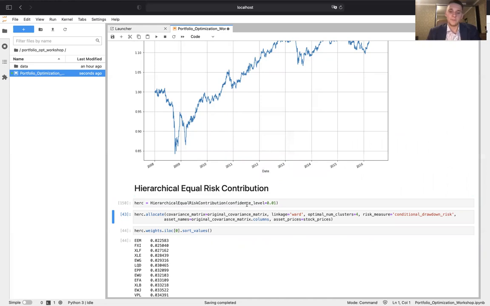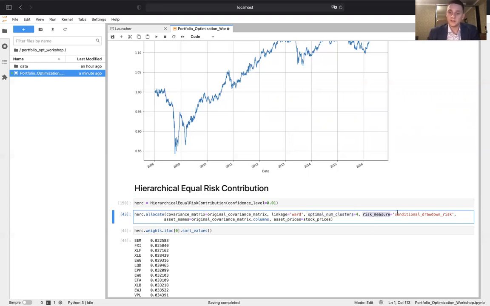So we initialize our Herc class, and the API is pretty much the same as for your hierarchical risk parity algorithm, with a slight difference that you can specify the optimal number of clusters, because a slightly different clustering approach is used here. We have previously discussed that in our portfolio optimization lecture series. So you can either specify the optimal number of clusters which you would like to use, or you can use a None value. In this case, the gap method will be used to find the optimal number of clusters.